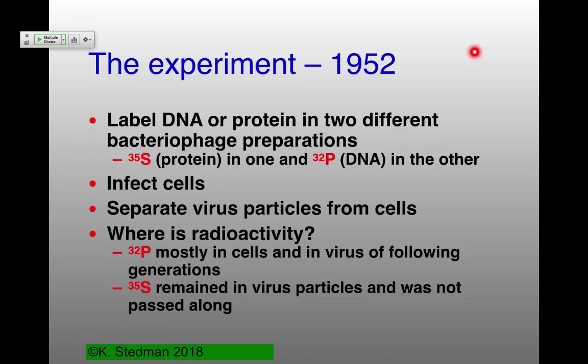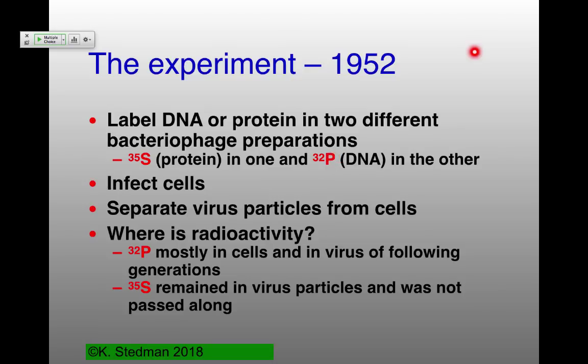So what did Martha Chase do that Al Hershey told her to do? Basically took bacteriophage and bacteria, mixed them with the radionucleotides, which are available because of the Manhattan Project, S35 or P32. Why S35? Sulfur.